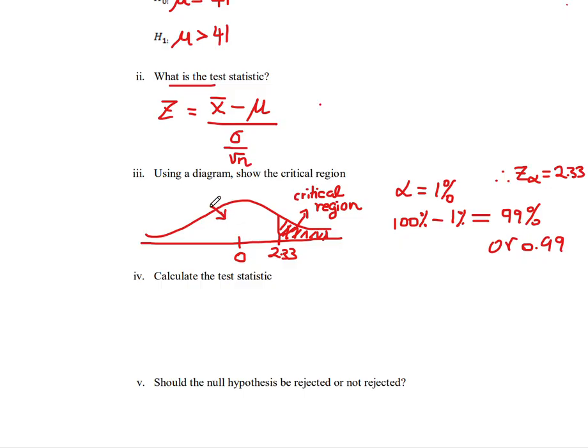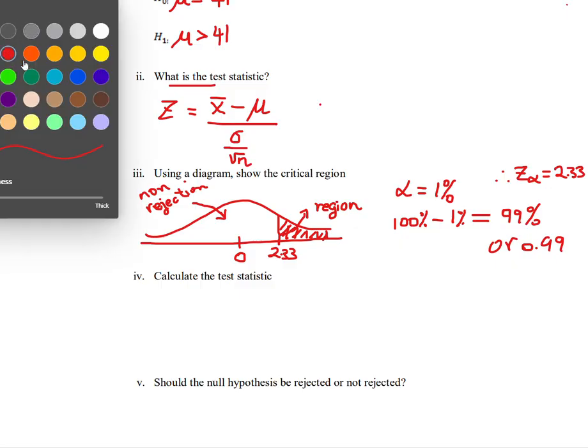So the unshaded area here would be called my non-rejection region. So we have our non-rejection region, which is the unshaded area, and I have my critical or rejection region.